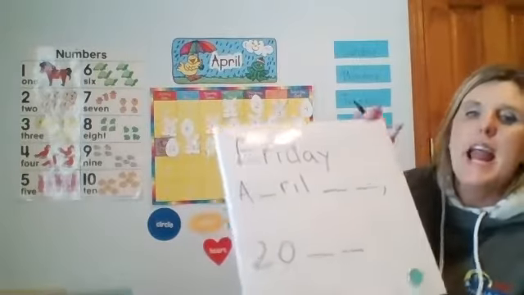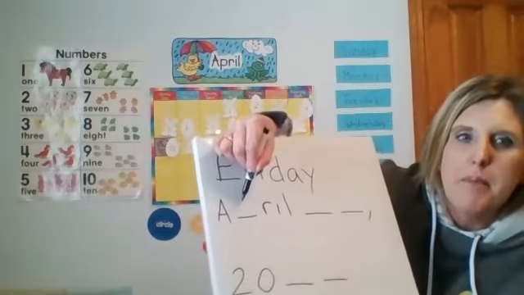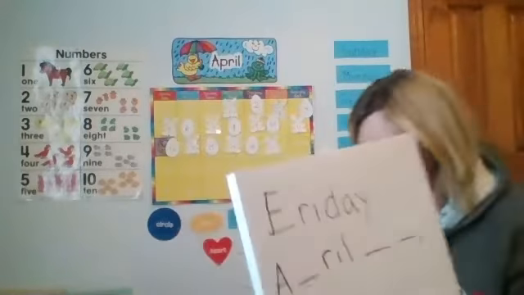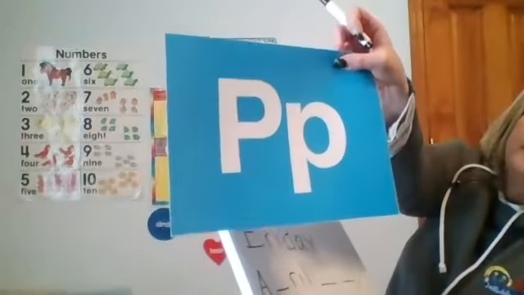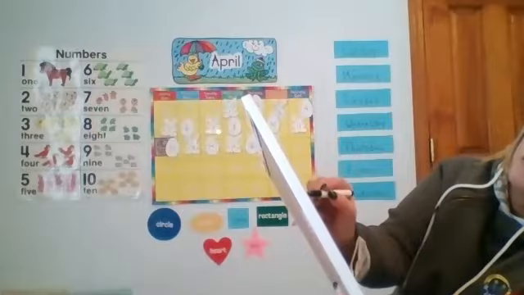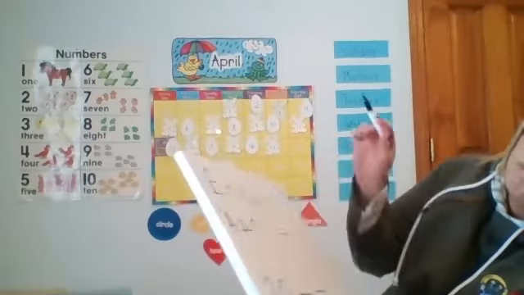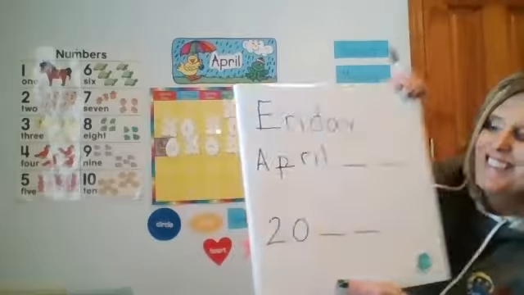Friday. April. We know it starts with A. What is that sound? You've got it. It's like Pete the Cat and Miss Paula. It's letter P. April, a little line down and a little bubble. See?